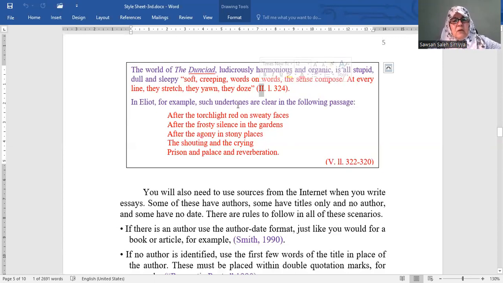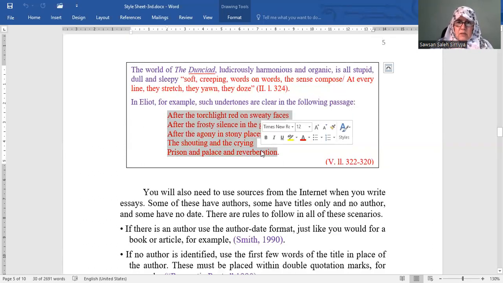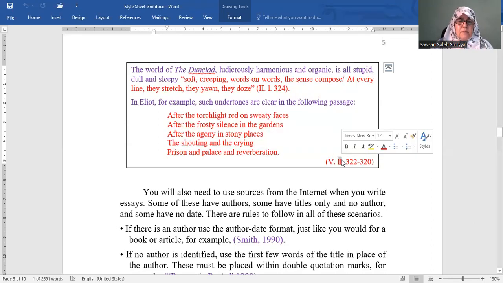Actually, it's a very long poem that is divided into certain sections. So this is the second one. The number of the line is 324. Now, this is a quotation of more than 2 lines. Okay? So this is the section. This is the line numbers.